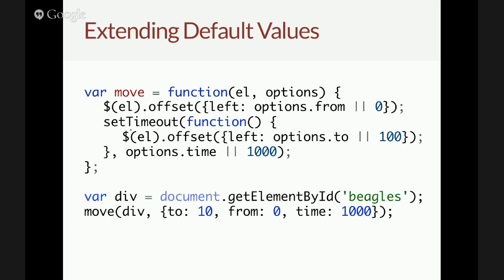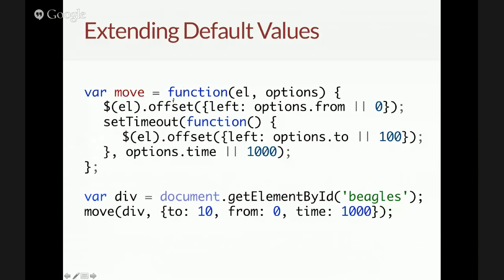And another place where this is extremely common, even more common, is extending default values. So let's say I had a move function that was going to run an animation to take an element and move it from some position to another position in a certain amount of time.